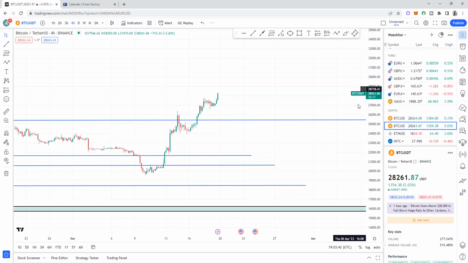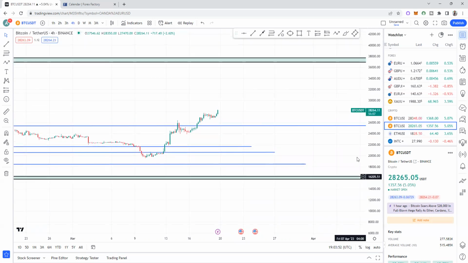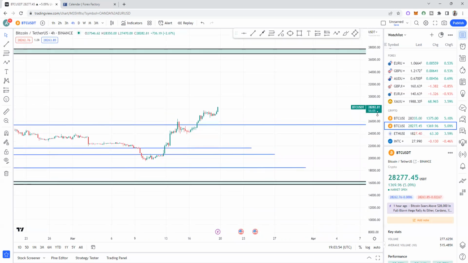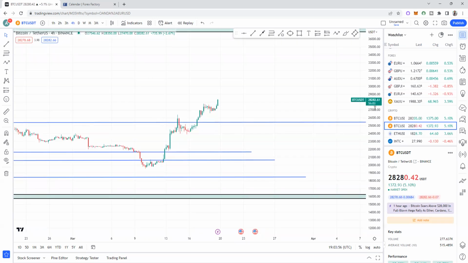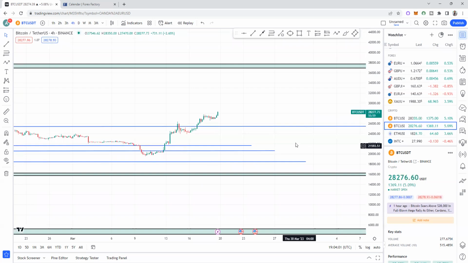And like I said, the FOMC meeting is going to determine the direction Bitcoin is also going to move. So for now, I'm super bullish on Bitcoin, and its bullishness is going to be determined by the FOMC meeting, like I said.